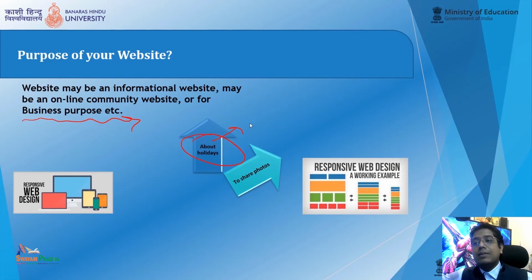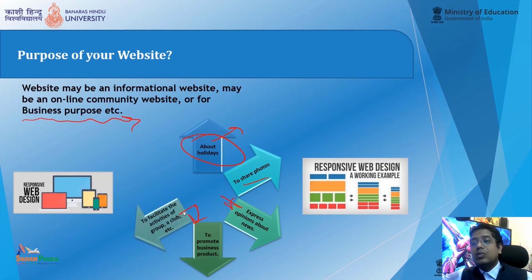So a travel website could be there to share photos, to express your opinion about what is going on, to promote a business project, to facilitate the activity of your group or club, to showcase career building. So these are some of the common purposes for creating your own website, right?